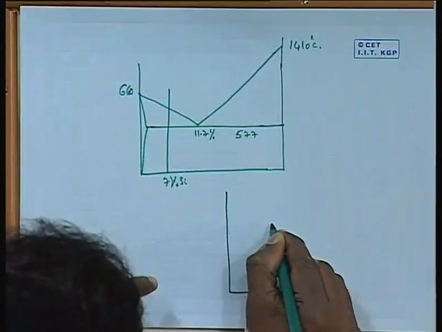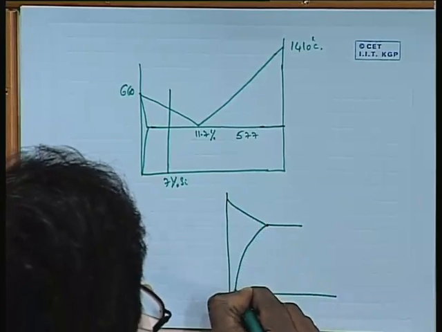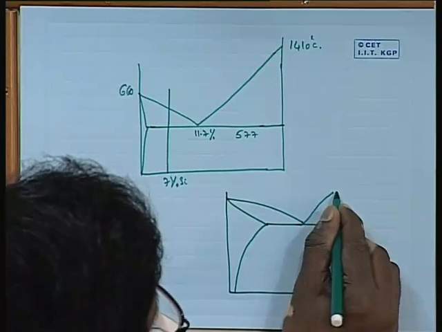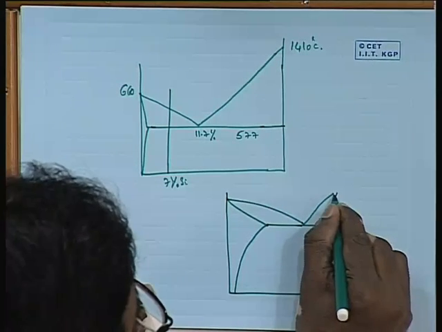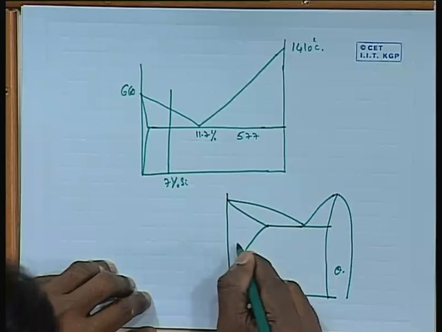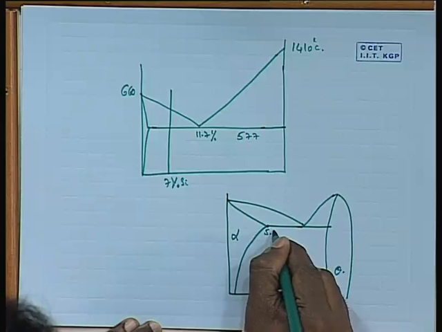If you look at the typical phase diagram of aluminum copper, it becomes very clear. This is the theta phase and this is the alpha phase, and this composition is 5.6%.